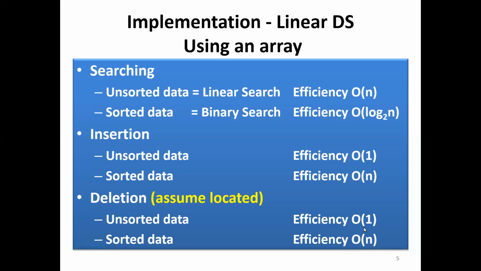The reason is that you wouldn't need to move other data. But if it is sorted, remember it is in a particular order. So you have to move other data in order to make sure that the space that has been deleted will not create a problem, but also for it to maintain the previous order that it had before.